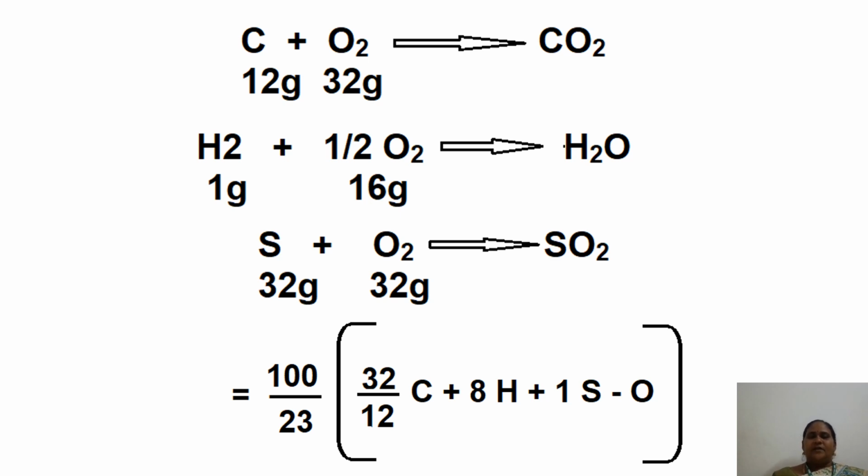The weight of sulfur and oxygen is 32. So now we can write down the formula as 100 by 23, since air requires 23% of oxygen by weight, into 32 by 12 into carbon plus 8 hydrogen plus 1 sulfur minus oxygen.